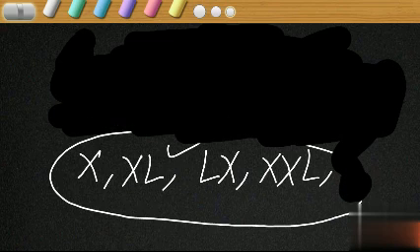The number system involving these letters is known as the Roman number system, and these numbers are known as Roman numbers or Roman numerals.